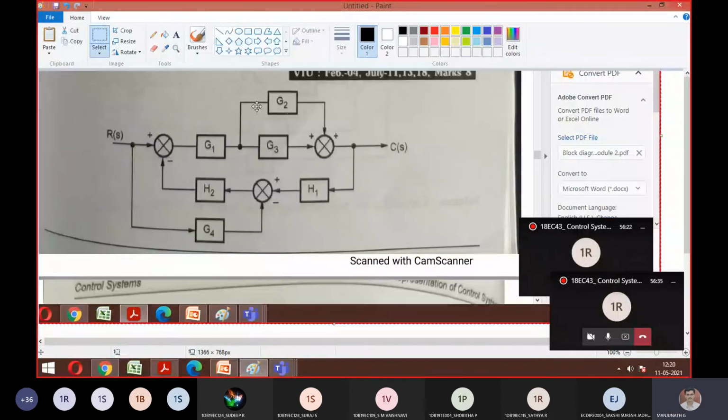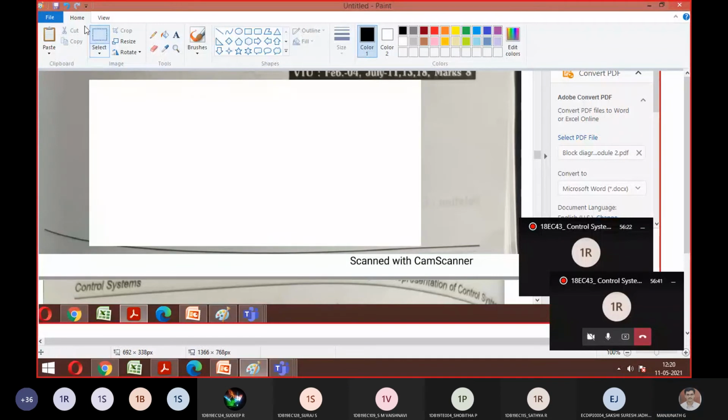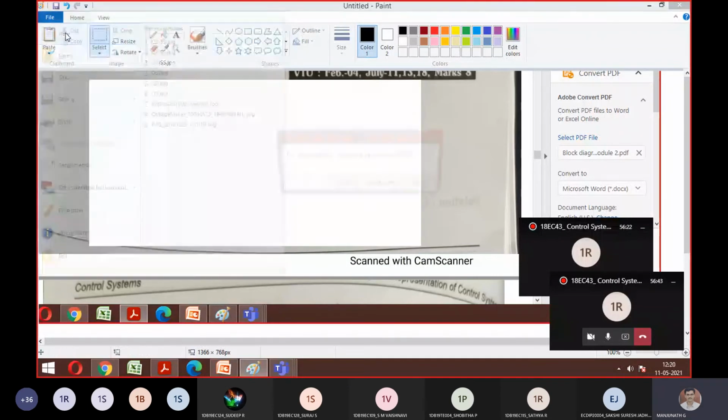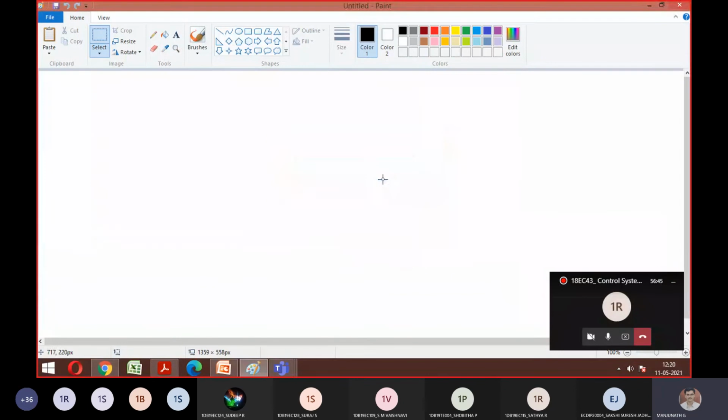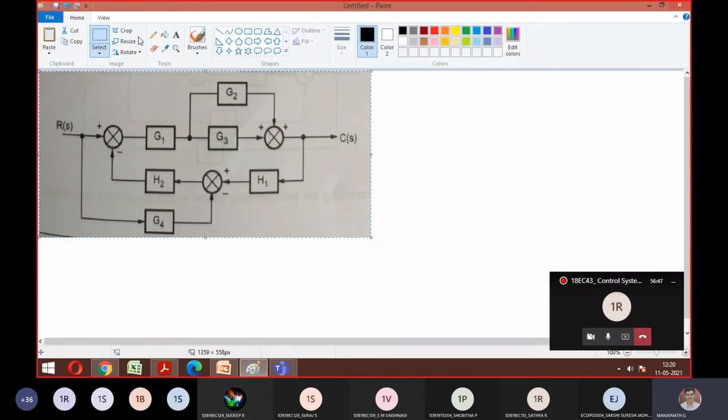So this is the question, guys. Let me crop it. What is the first thing you found? Forward path, parallel path. Okay. So this is your parallel combination, and you made it into one block.